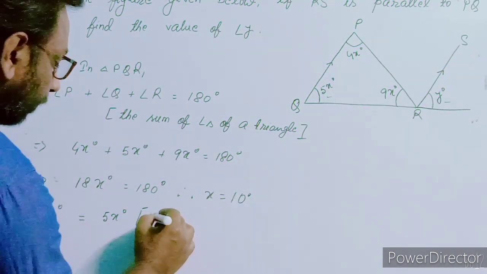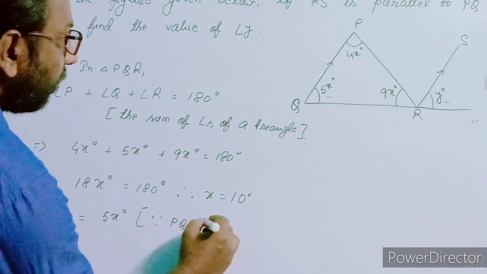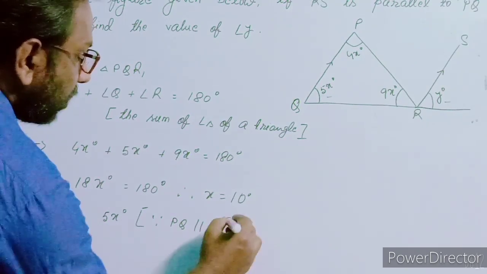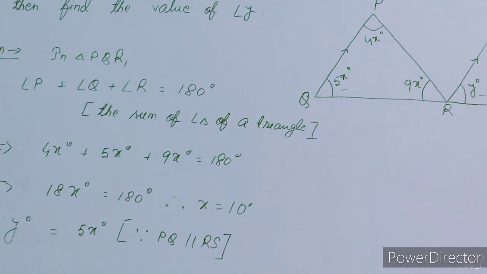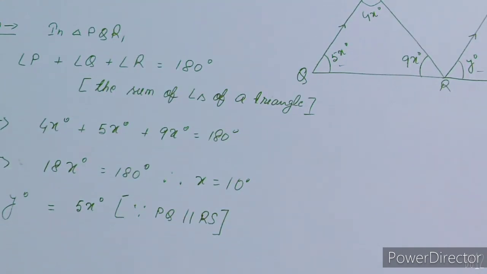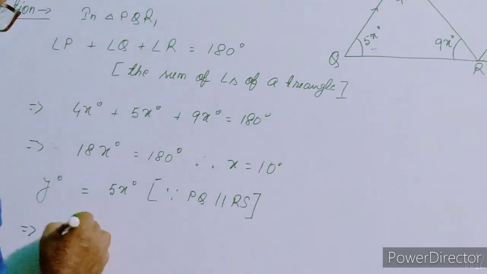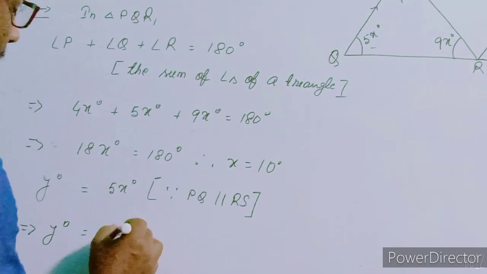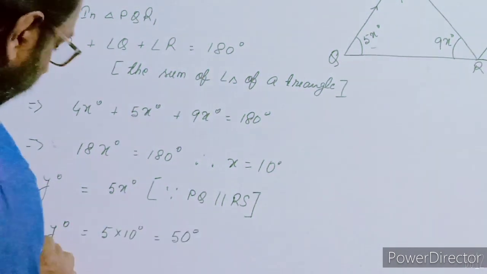Since PQ is parallel to RS, or in reason you can write corresponding angles, and corresponding angles are equal. Therefore, y degree equal to 5 into 10 equal to 50 degree.